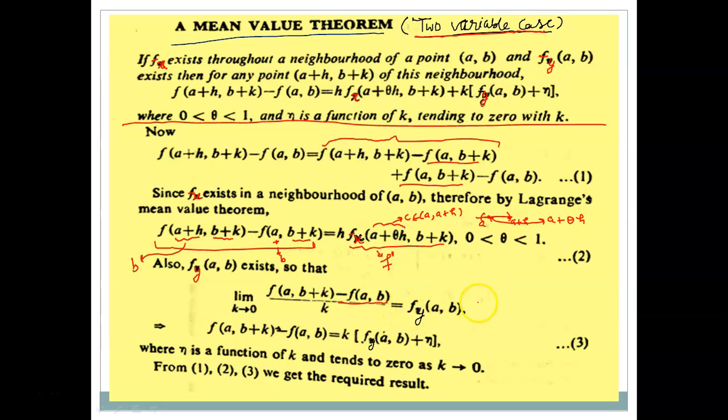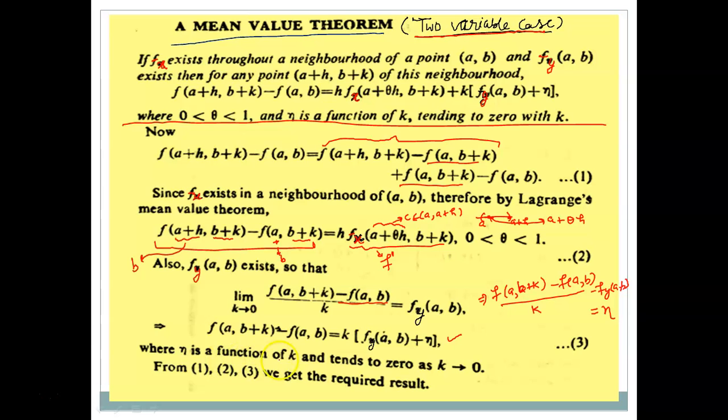So here we can say that this difference, f(a, b+k) - f(a, b), divided by k, minus fy(a, b), is equal to some very small number eta. Let this number be eta, and if we simplify this equation, we get this equation.